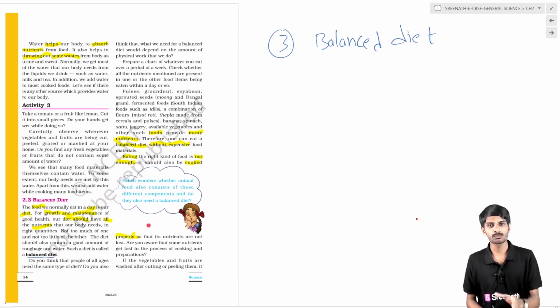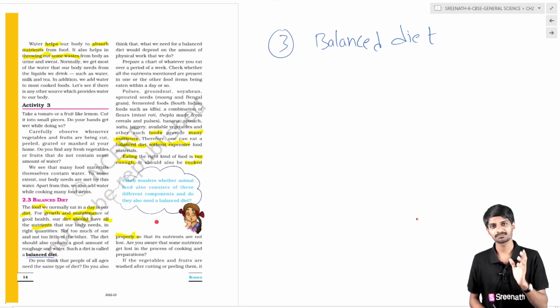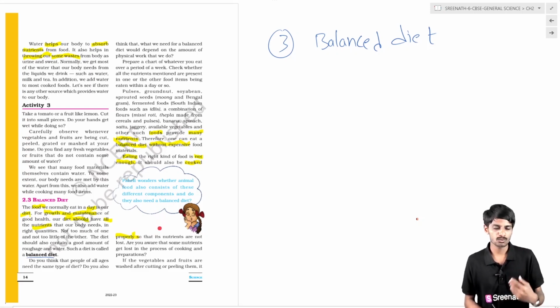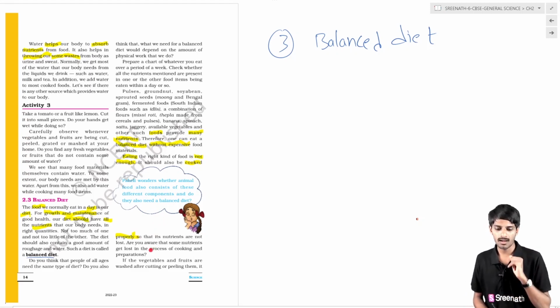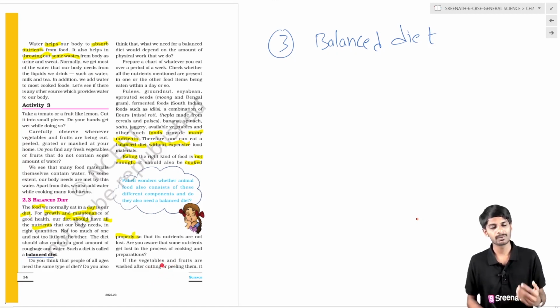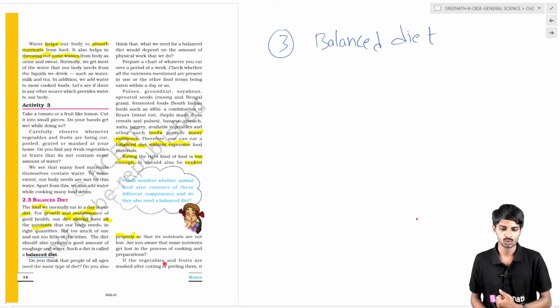So we have to cook properly. We have to select the ingredients and food items properly, and one more thing is we have to cook properly. If the vegetables and fruits are washed after cutting or peeling them, they will lose their nutrients.